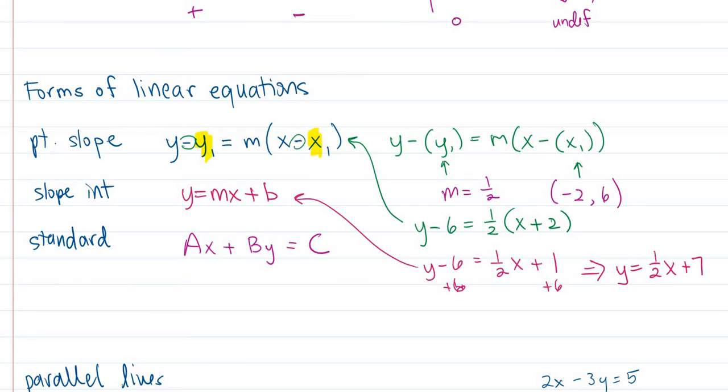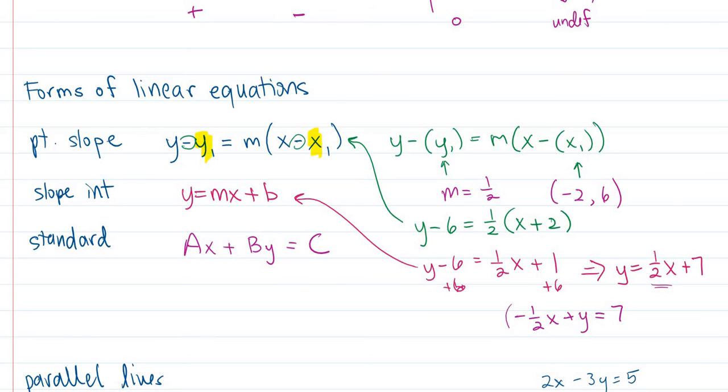Then if we want to have standard form, all we need to do is get the x's and the y's on the same side. So I'm going to subtract this value over. So I have negative 1/2 x plus y equals 7. But recall that a, b, and c are all supposed to be integers, and a is supposed to be positive.